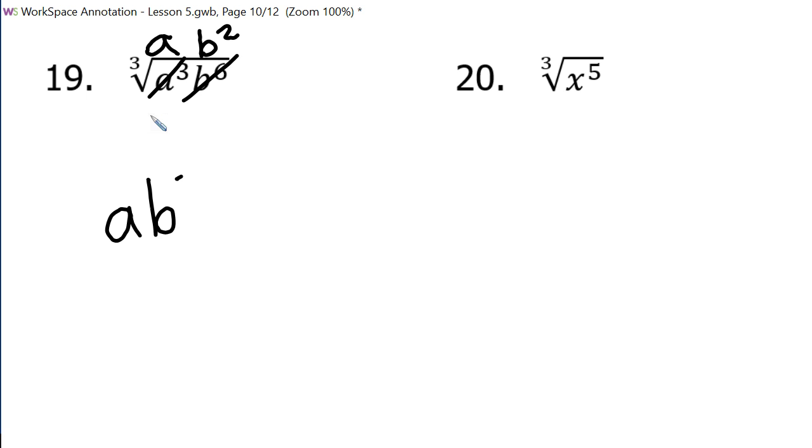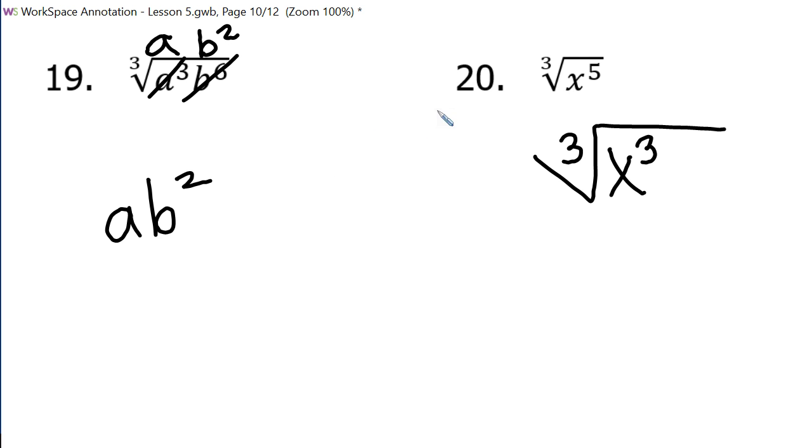Multiple of 3. Well, you find the multiple of 3 right below your number. So what multiple of 3 is below 5? 3. So this would be the cube root of x to the 3rd times x to the 2. Because what's 3 plus 2? 5.